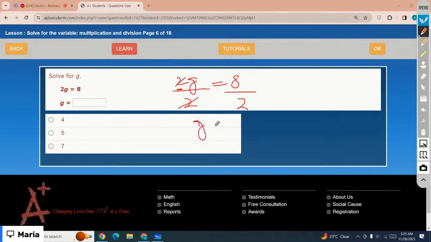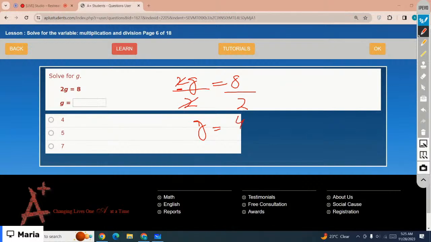2 times what number is 8? 2 times 4 is 8.